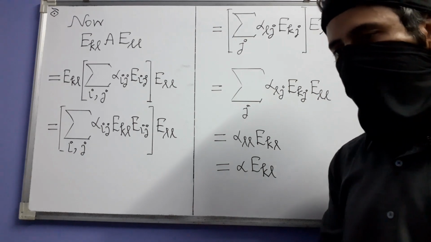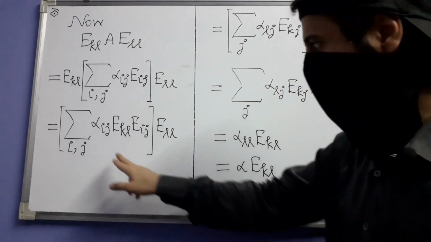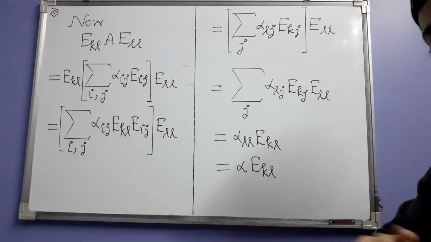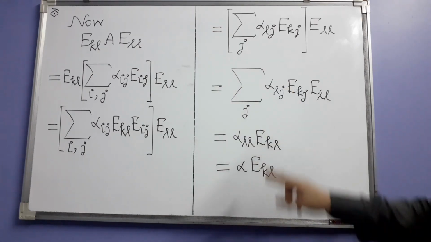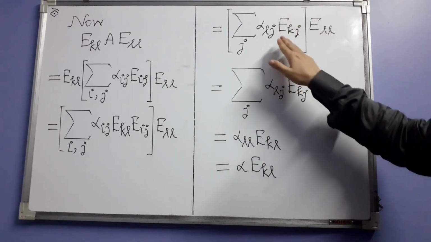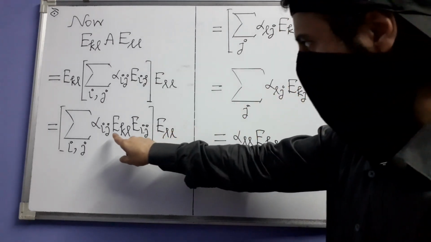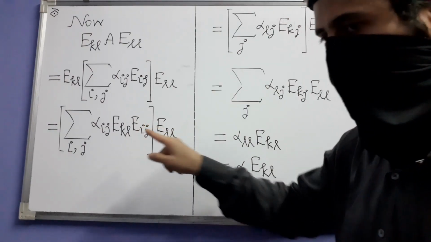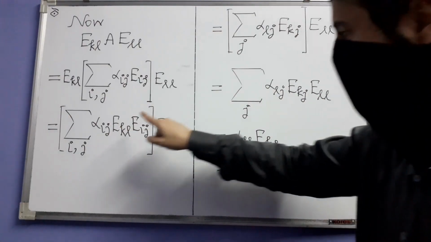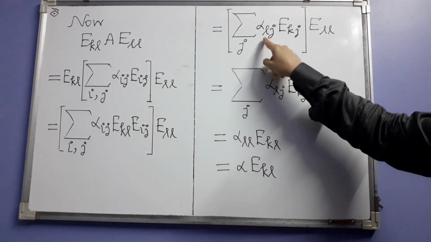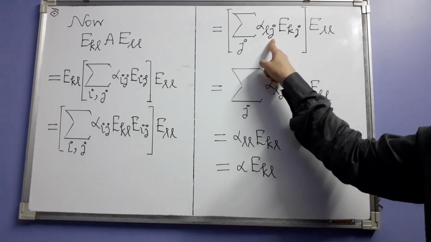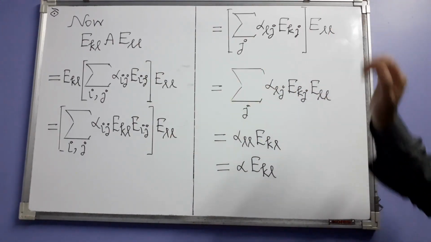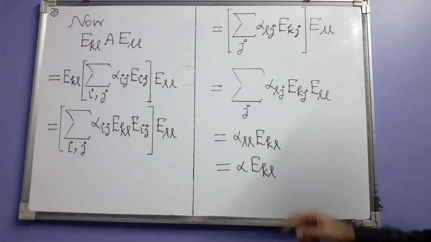And because I has been spent, only the index J is left here. The others have vanished because they are 0. We still have a sum, however, because we are only considering the I value L. So here also, instead of writing alpha ij, I have written alpha lj. The ELL is still sitting outside. Okay, it's waiting for its turn, and now it will do something.